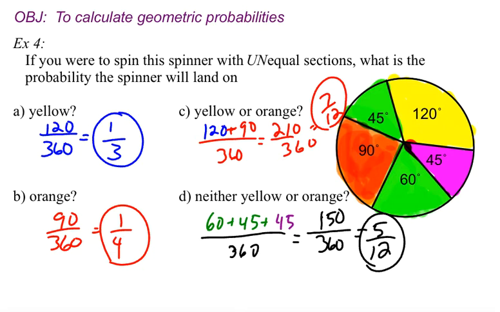So C says, what's the probability of yellow or orange? And then D says, neither yellow or orange. Well, if it's not yellow or orange, C, then it falls in the D category. And therefore, together, those 2 probabilities of complements always add up to 1.